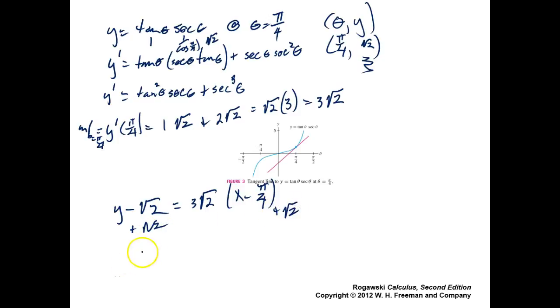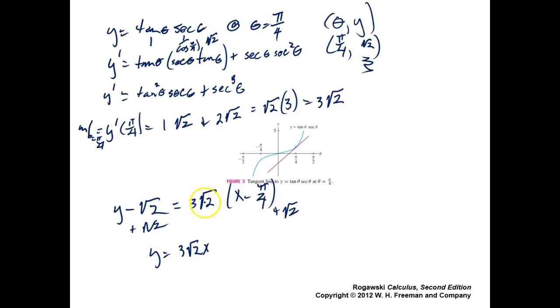And this would be y is equal to 3 root 2x plus that other mess. Leaving it in that last form is just about as good as anything.